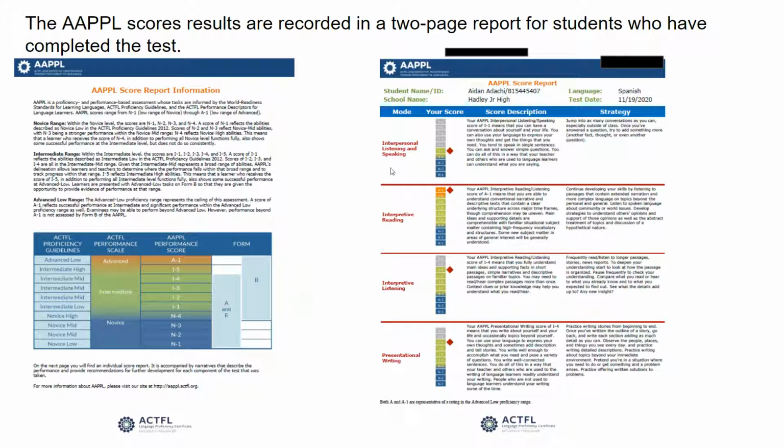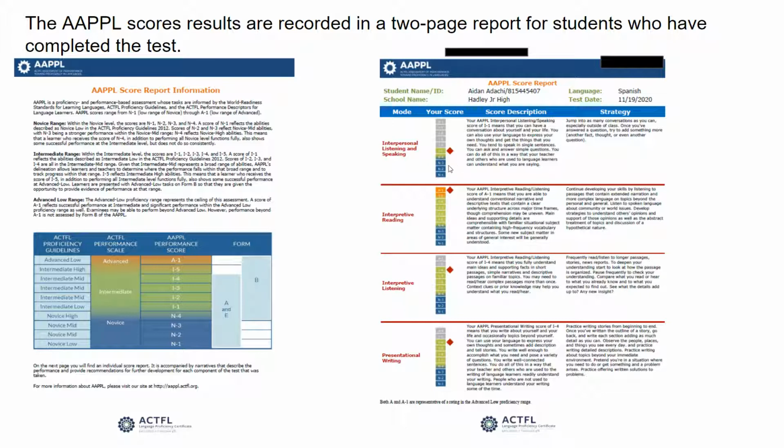And then the second page will have your child's information about name, school, language, and date the assessment was taken. Then you can see that the parts below look very specifically at how your child performed on the AAPPL test.